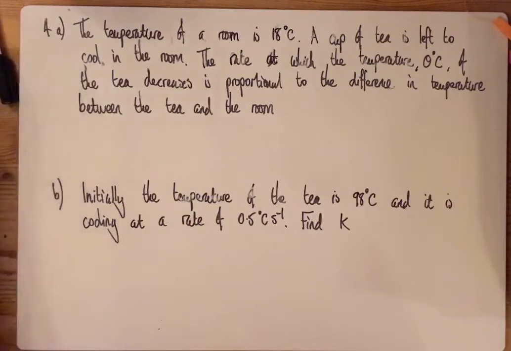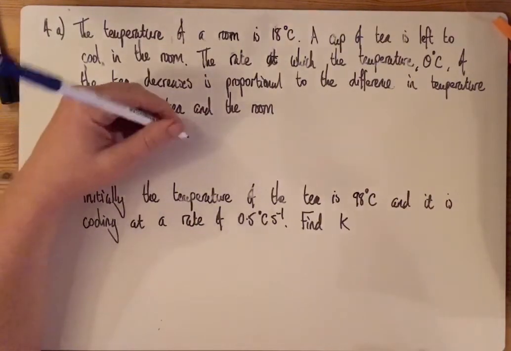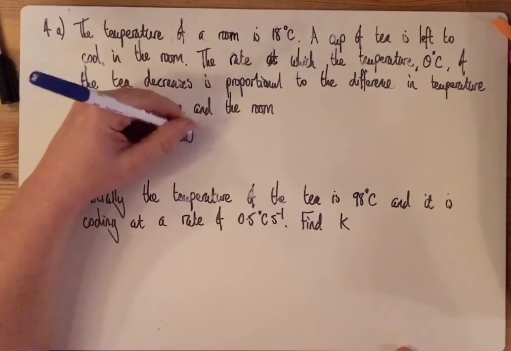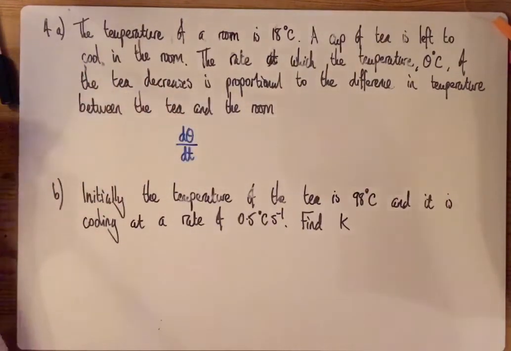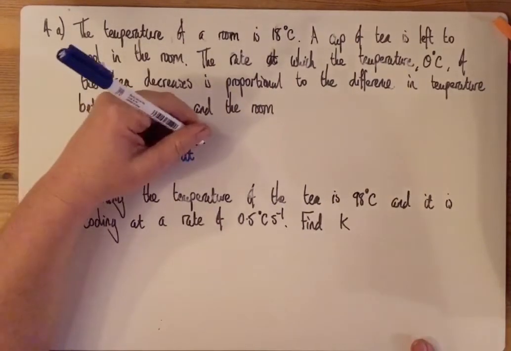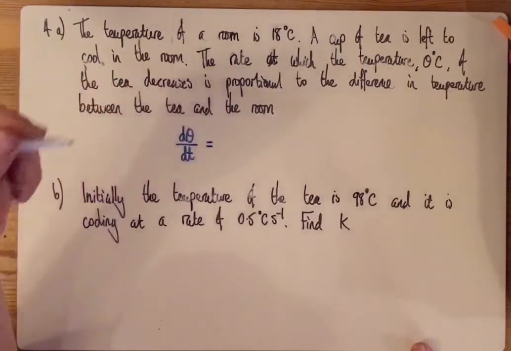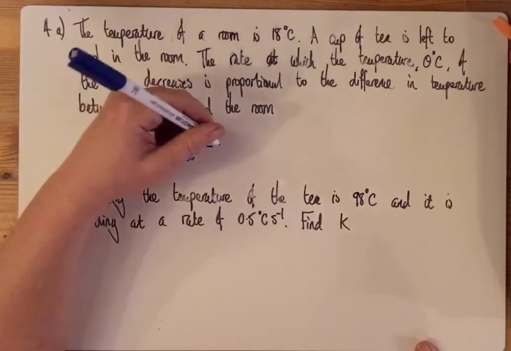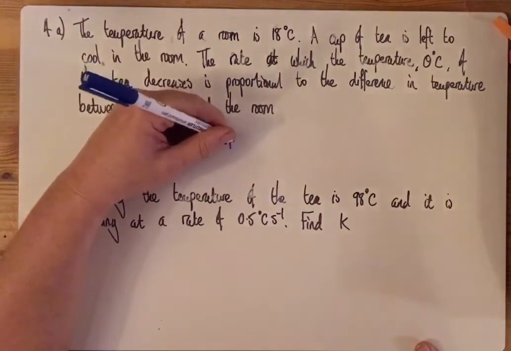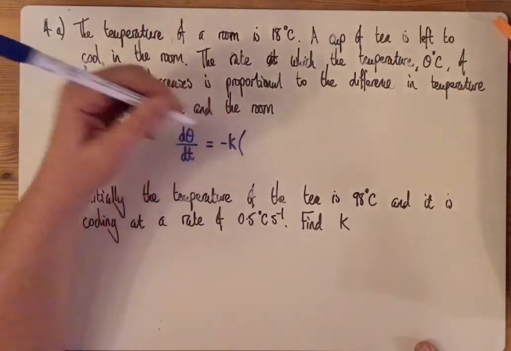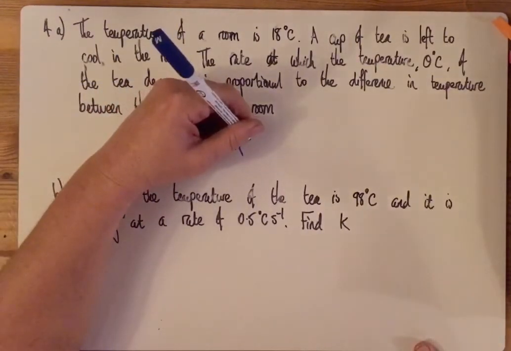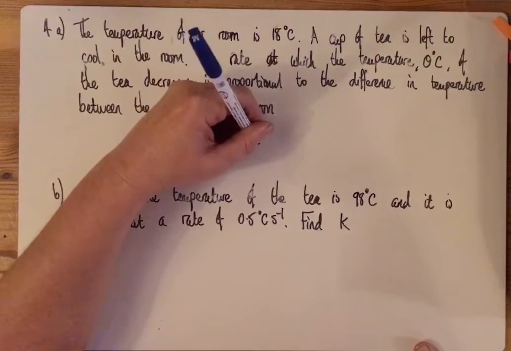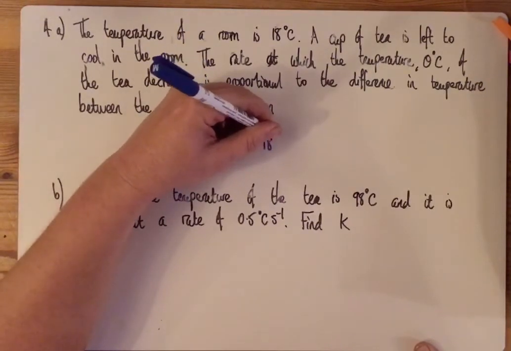So we're looking at a rate of change in temperature. d theta by dt is the rate of change in temperature of the tea, and it's decreasing. So it's minus k, and it's proportional to the difference in temperature between the tea and the room. So that's theta minus 18.